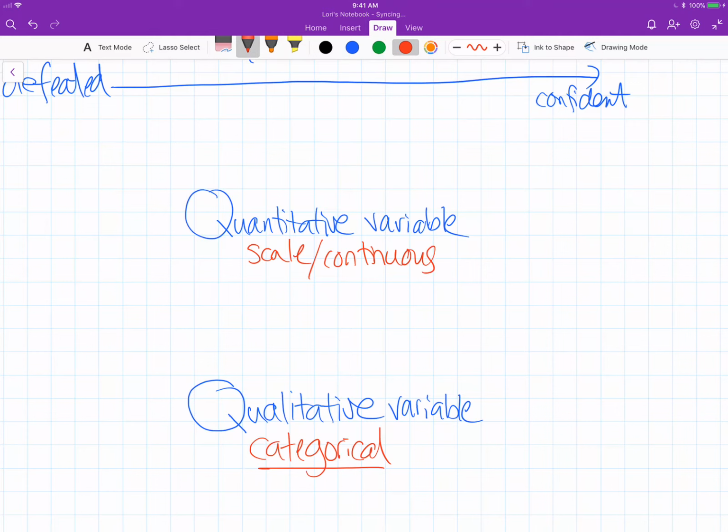And so I want to give you some examples of those. A categorical variable is anything where, if you were to imagine breaking your whole population up into categories, maybe you would break them up based on sex.